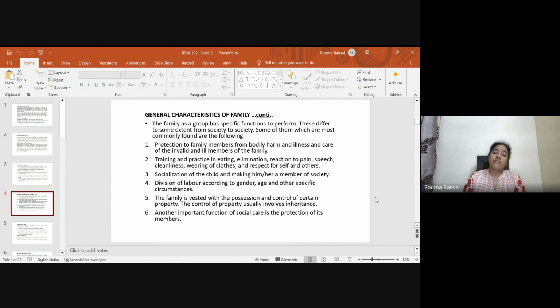Here, division of labor according to gender means the upbringing of any child is the responsibility of both parents, mother and father both. But still, the mother is the first teacher of any child. Generally, if the female member of the family is a housewife, or she is not going outside to earn, then she has to do the house chores or housework.